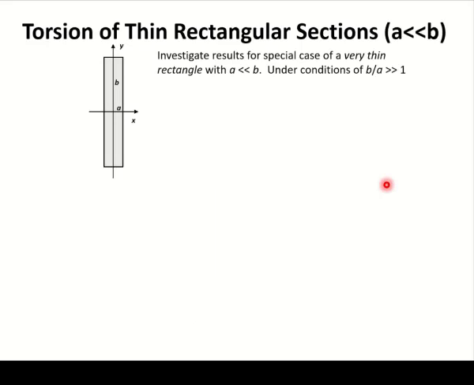Then we will look at a special case, a very thin rectangle. In the very thin rectangle, we are assuming that A is much smaller than B, or in other terms, B over A is much larger than 1. When B is much larger than A, this term will go to infinity, and the tanh term will go to 1.